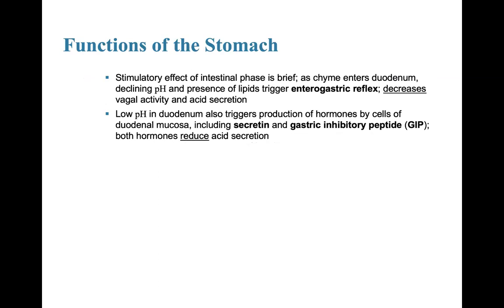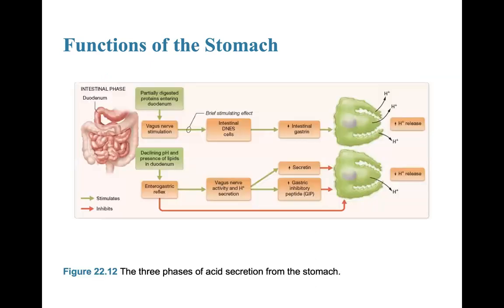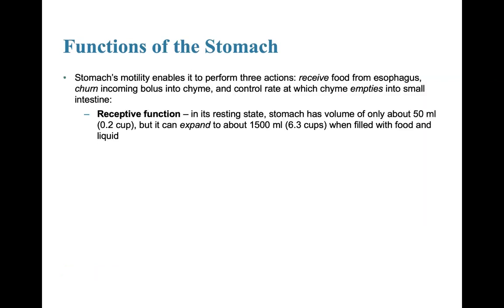The low pH in the duodenum also triggers the production of hormones by cells referred to as duodenal mucosa, including secretin and gastric inhibitory peptide. Both hormones will reduce acid secretion. And here you can see the intestinal phase breakdown.